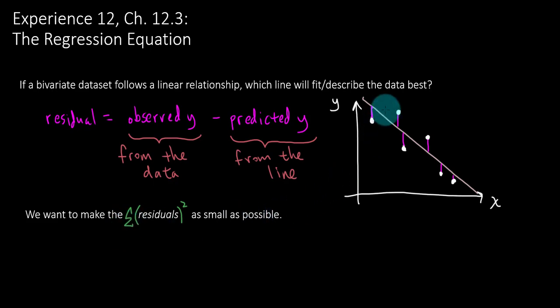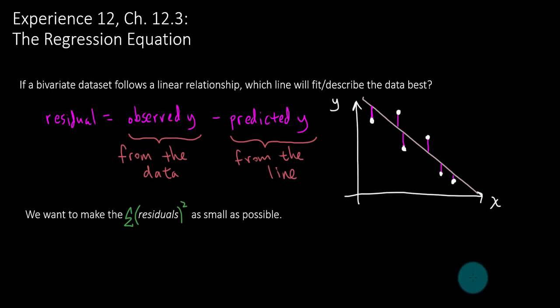You can maybe imagine, what if I had put a line to this data that was definitely not a good line, like this one. You would still have all these residuals, but they would all be so much bigger, right? So you can tell that that would not be the best line.